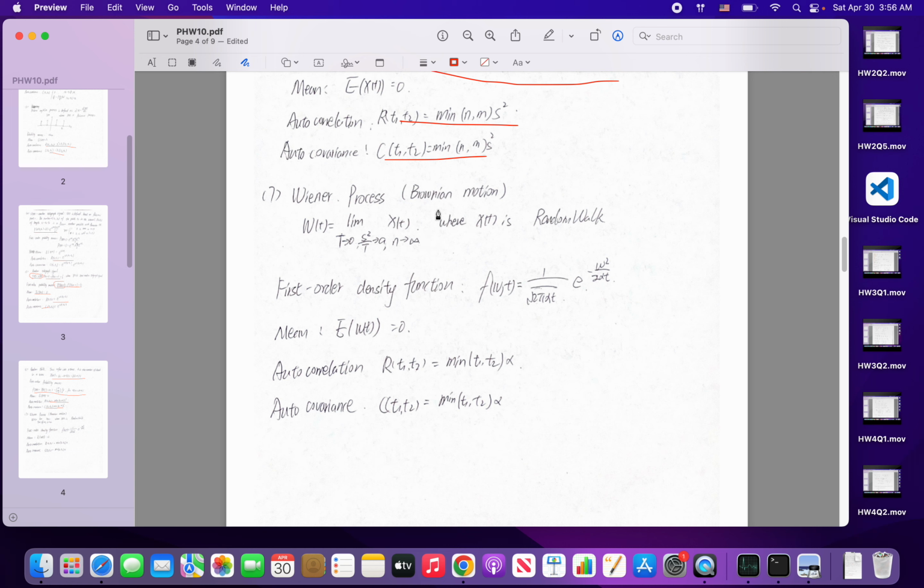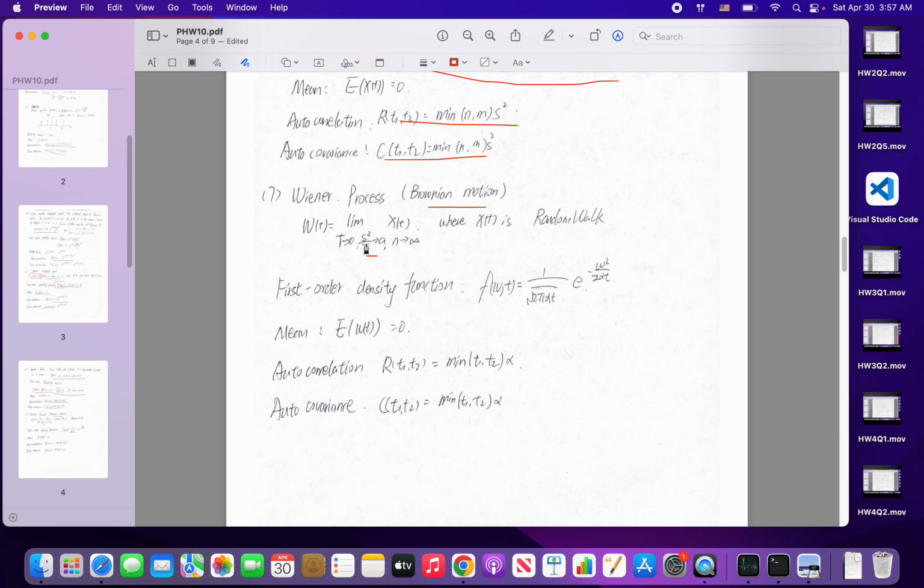The Wiener process is also this. And when T is close to 0 and this is close to a, n is close to infinity, X(t) is a random walk.